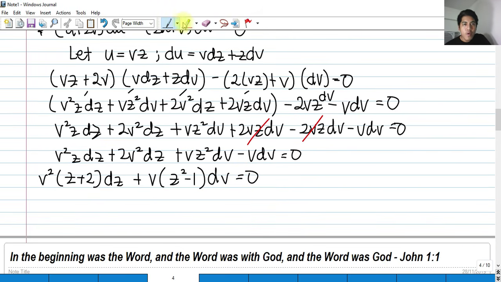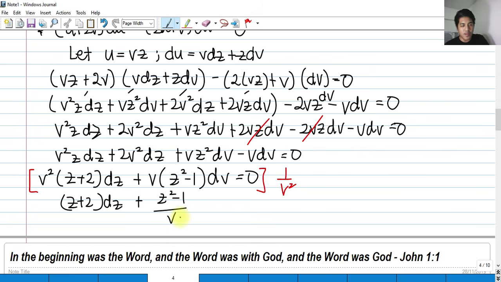Okay, and if I'm going to divide both sides of the equation by v squared, you know what will happen. This would cancel, so we are left with z plus 2 dz in here plus z squared minus 1 over v, because we have v over v squared is 1 over v, and we have dv is equal to 0 here.